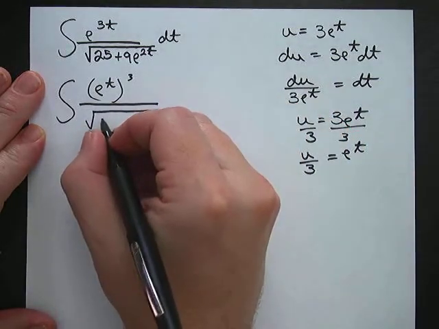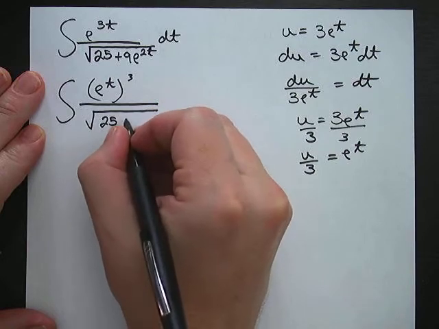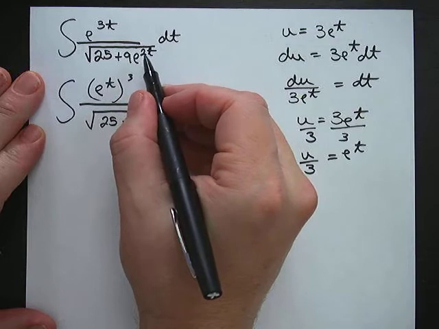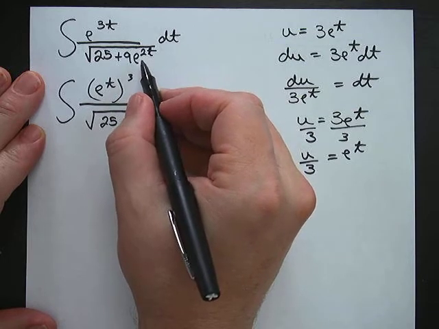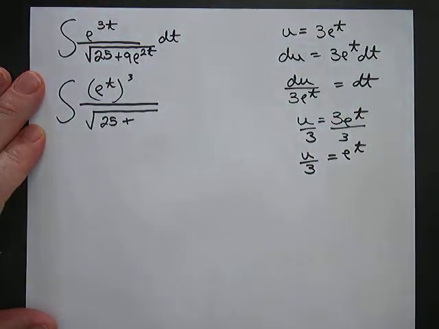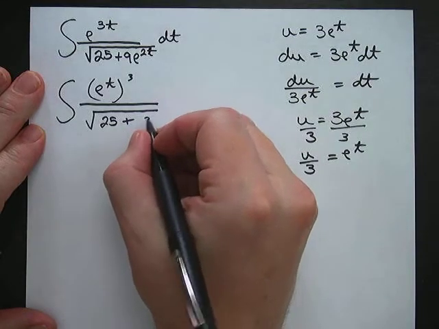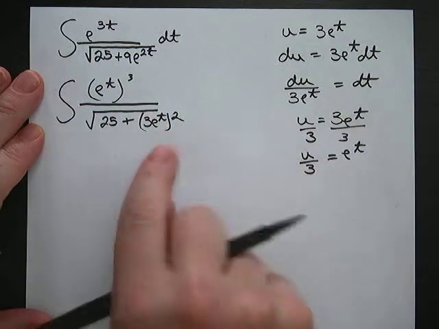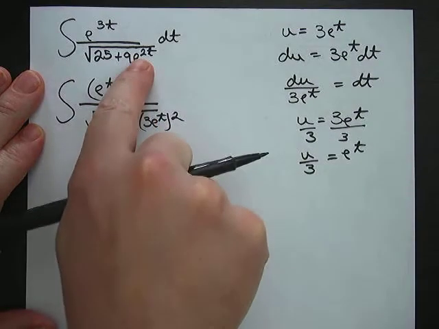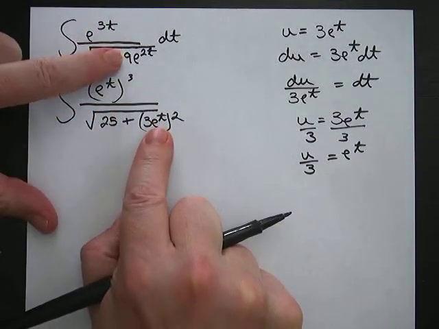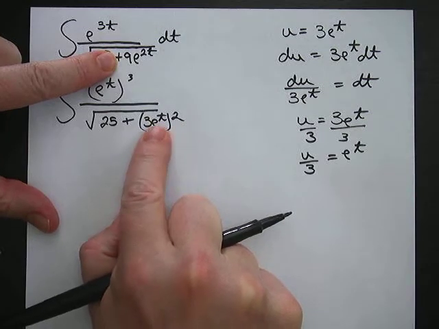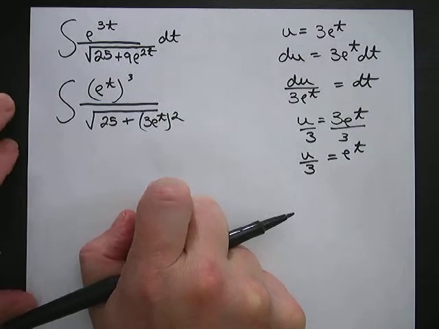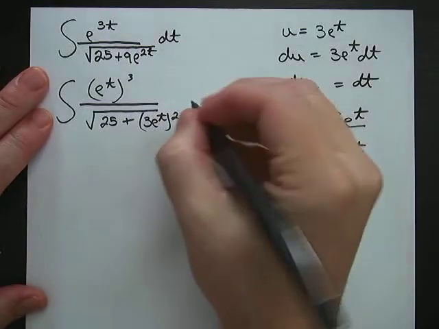We'll write this as 25 plus, and notice I have a 9 out front, and I have an exponent of 2 for the e. So what I can do is rewrite this as 3e to the t squared. Take a look at that for a second and make sure that it looks the same to you as this term right here. The 3 gets squared and becomes 9, the e to the t gets squared and becomes e to the 2t. And this will be dt.